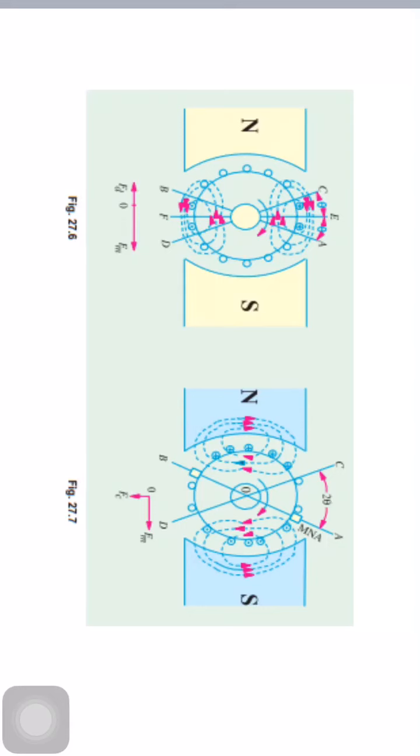Next, the axis of magnetization of the remaining armature conductors lying between angles AOD and COB is at right angles to the main flux.